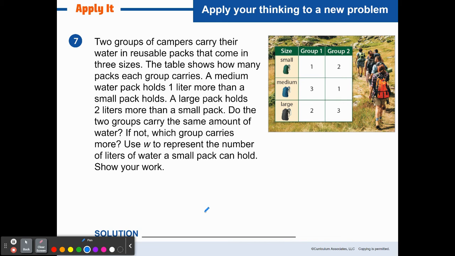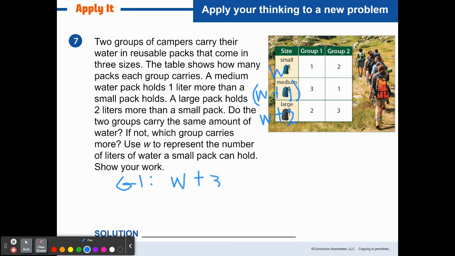I will leave the small as W, the medium is W, which is a small, plus 1 liter. And then the large is a W, which was a small amount, plus 2 liters. So as far as group 1 has 1 small pack, which was W, plus 3 of the medium amount.